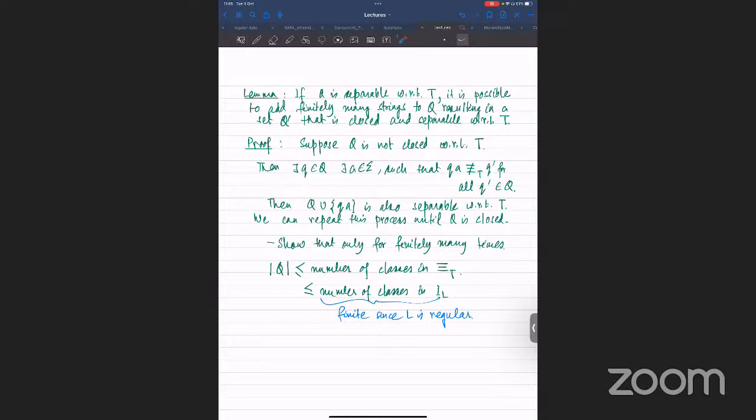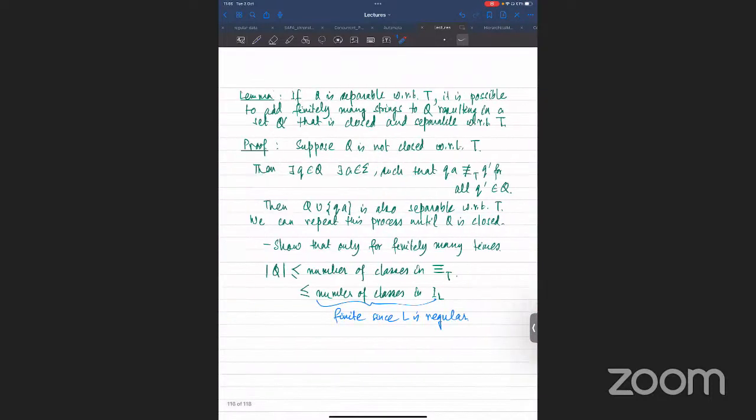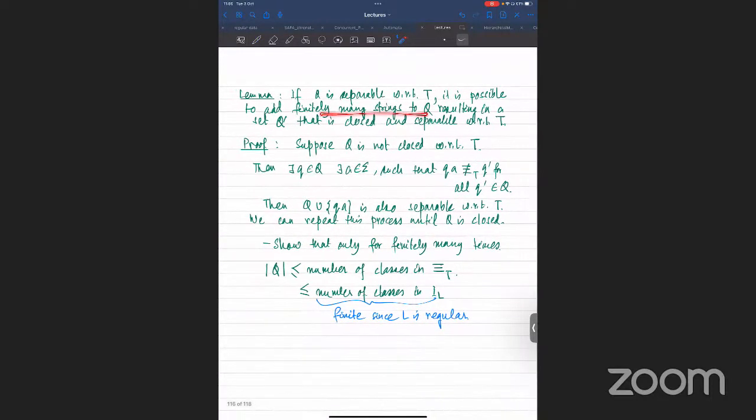Clear? And we know that this is anyway closed, right? I mean, if you consider the strings here, like the partitions here, this is anyway closed, corresponding to this thing. It's always closed, right? So you cannot continue to do this and get something which is not closed. Okay, so eventually you will get something which is closed, and you can do this only finitely many times. You need to add new strings to Q.